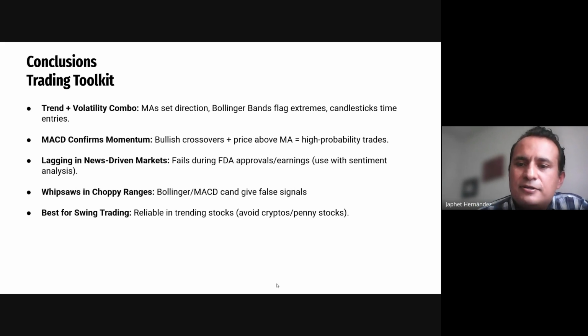It is just a matter of recognizing that even with all combined together, we can have false signals because we are lacking information that we could nurture our model with. So where not to use it, we should avoid cryptos or stock markets where the price is very low and the volatility is high.